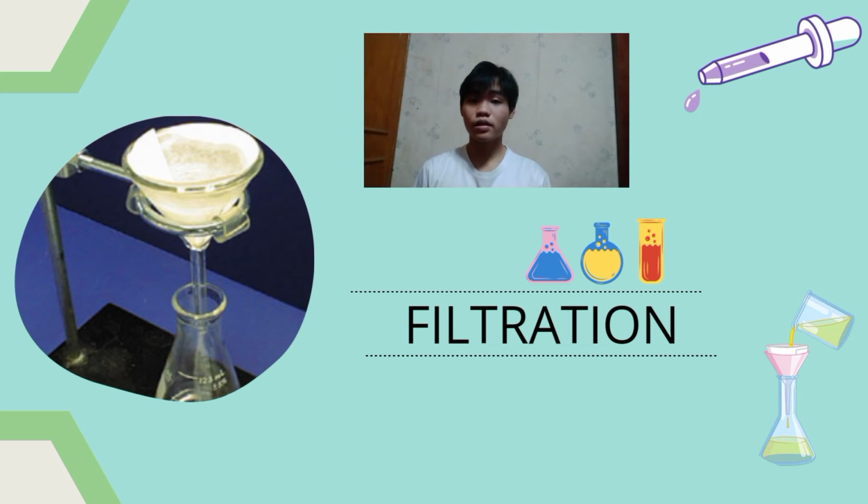This process is used if you want to get water-free solid particles. You can also use filtration if you want to separate sand from a mixture of sand and water, because sand is insoluble or does not dissolve in water.